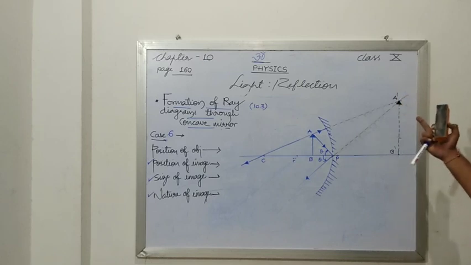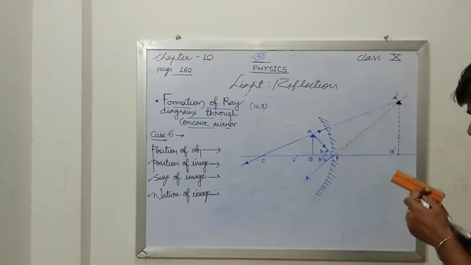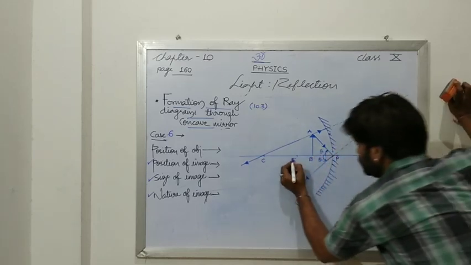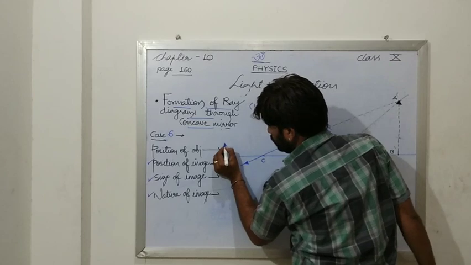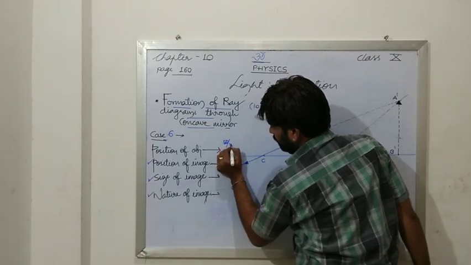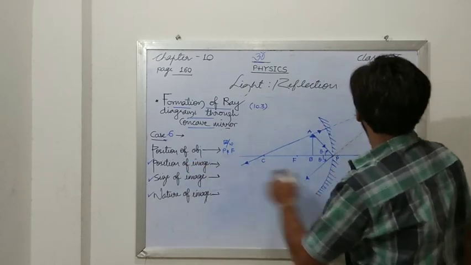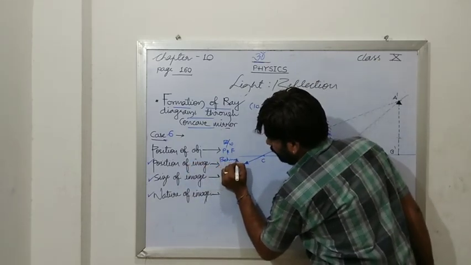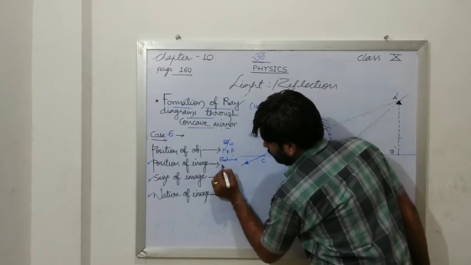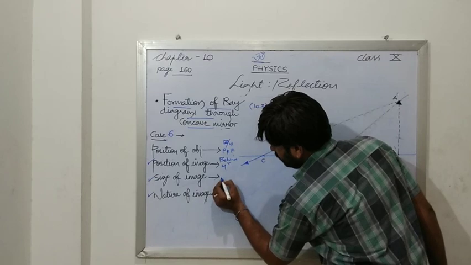But we may say when the position of the object is between P and F, then the position of the image will be behind the mirror. The size of the image is enlarged.